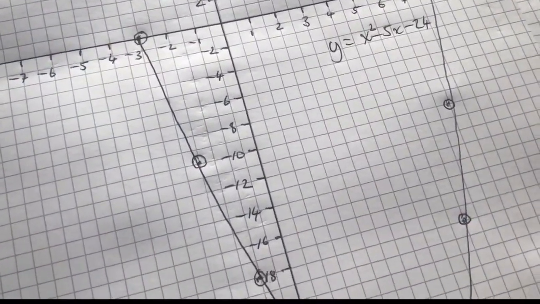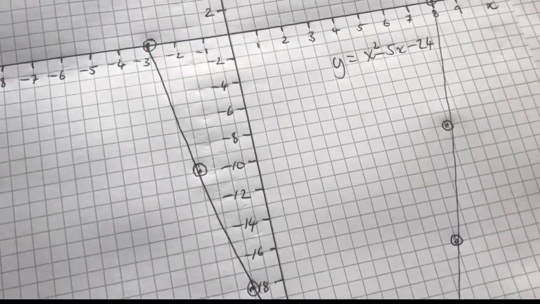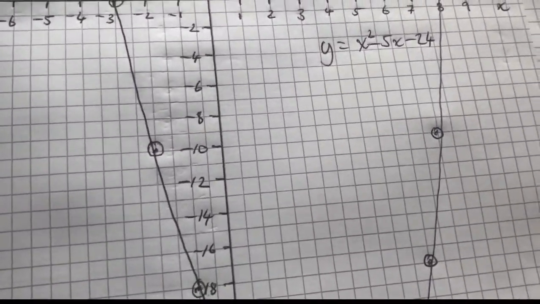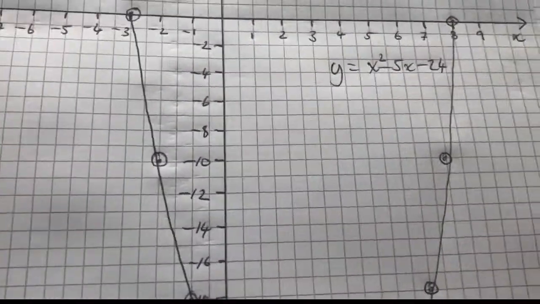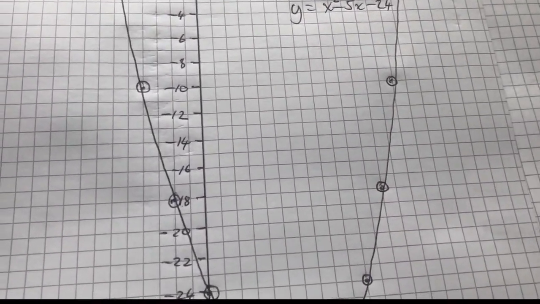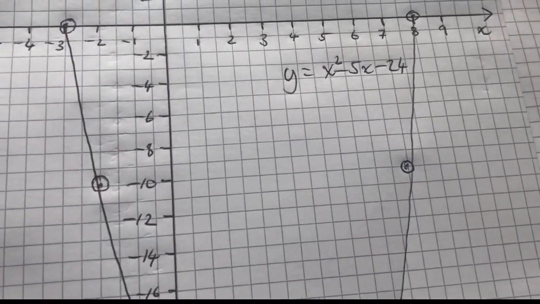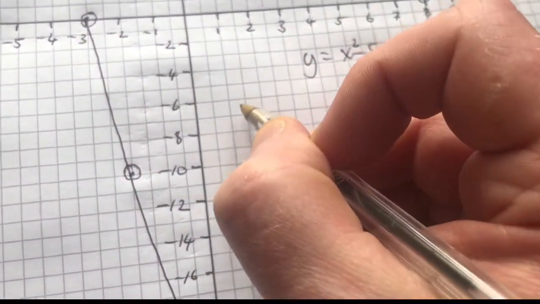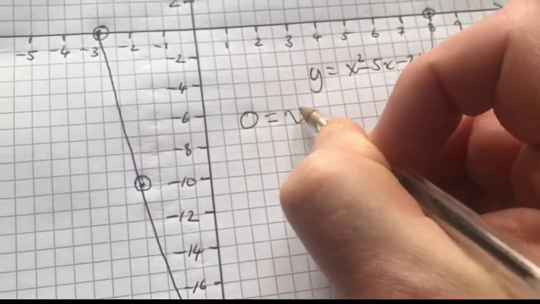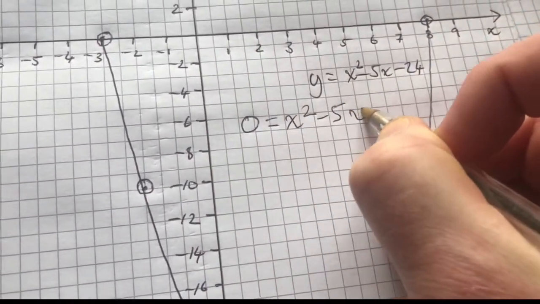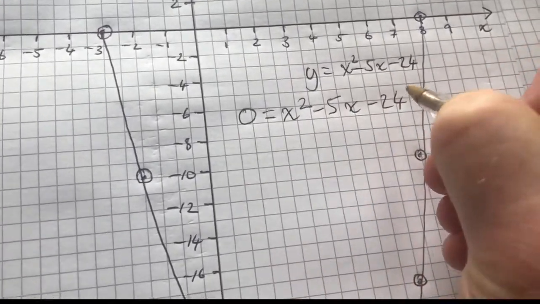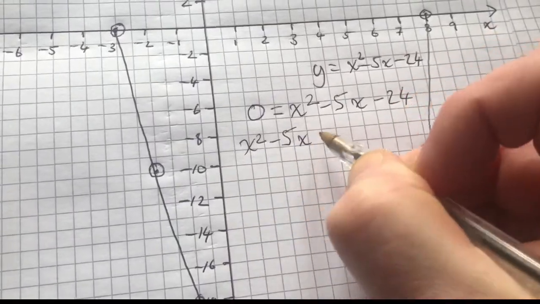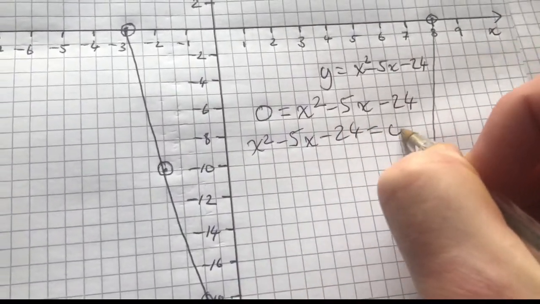So here we are, there's the graph plotted, the points plotted and then joined up, not using a ruler, just draw it as smoothly as you can because it's representing a curve and not a collection of straight lines. Now, again, we can see we've made it more clear in this example. If we were to solve the equation 0 equals x squared minus 5x minus 24, now remember that would be the same thing as x squared minus 5x minus 24 equals 0.